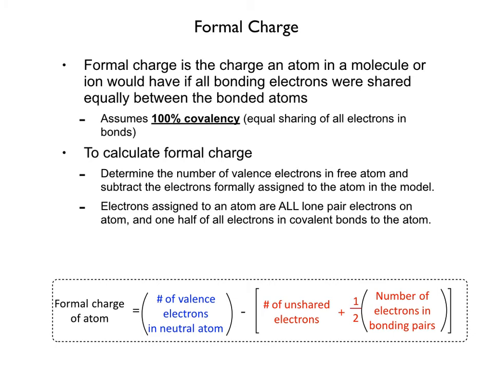And then we subtract from that the number of electrons we assign to it in the molecule. The number of electrons we assign to it in the molecule are all of the lone pair electrons on that atom and 1/2 of all of the electrons in bonds. And that 1/2 comes because we're assuming again 100% covalency, or equal sharing.